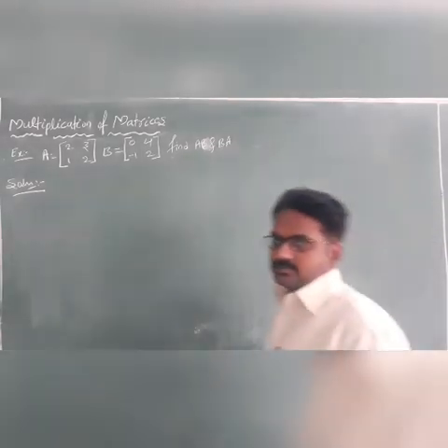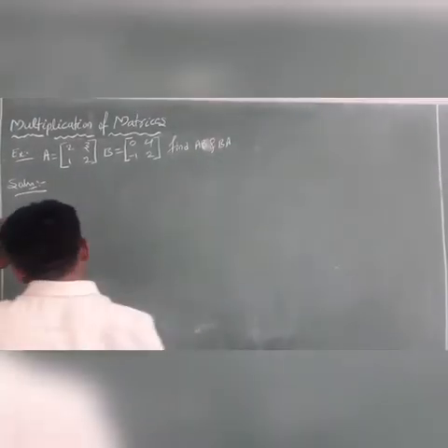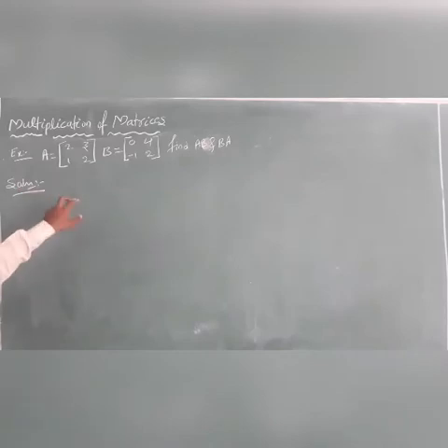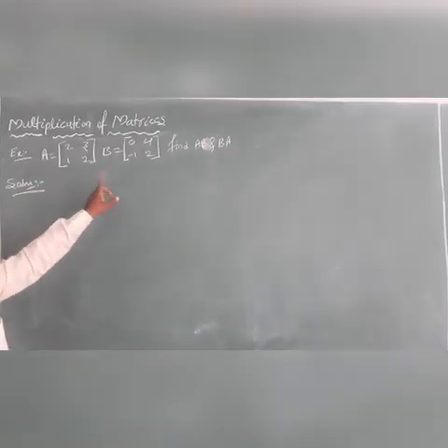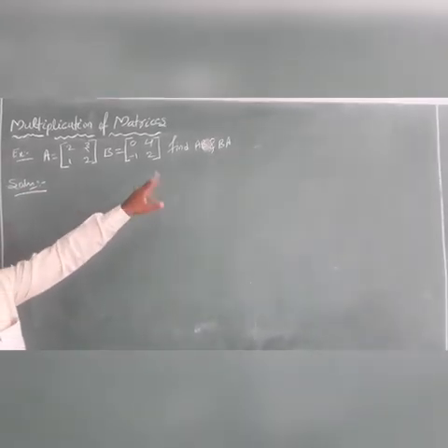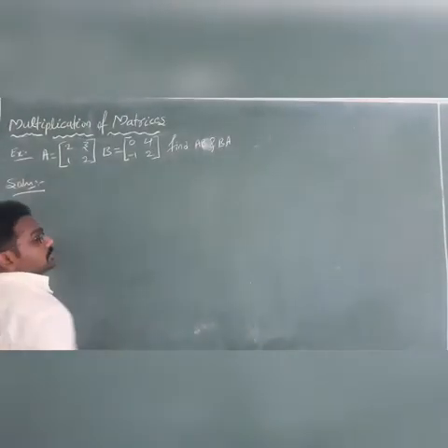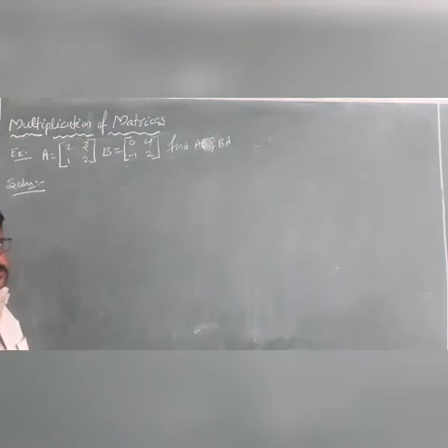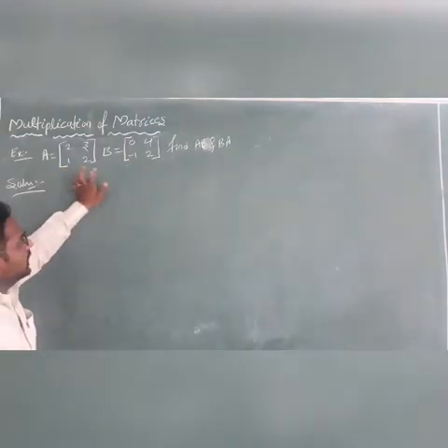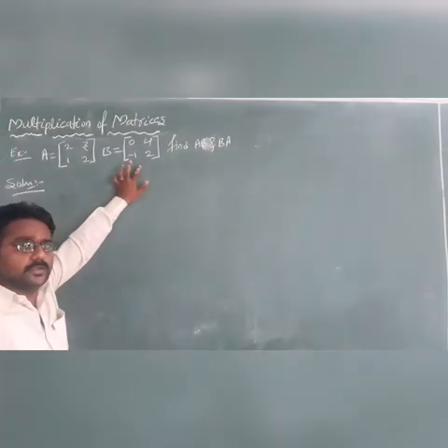Okay, next problem, students. They given the matrix A 2 3 1 2 and B 0 4 minus 1 and 2. Find AB and BA. Okay. So is it possible to find the AB and BA? Yes, obviously. Matrix A is of the order 2 by 2 and matrix B is of the order 2 by 2.